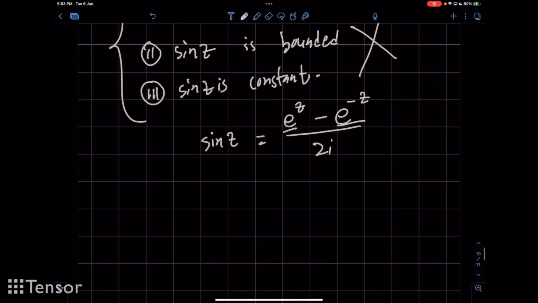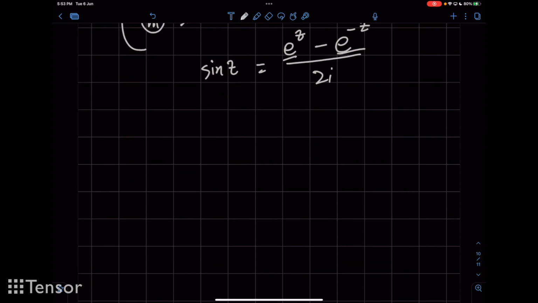All right. That's it. So now I'm going to talk a little bit about the zeros of a holomorphic function.